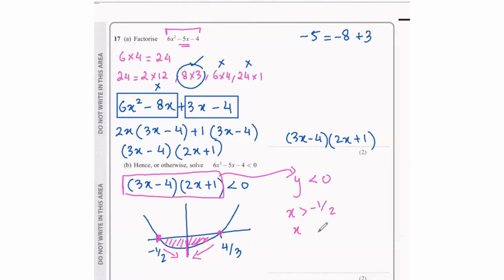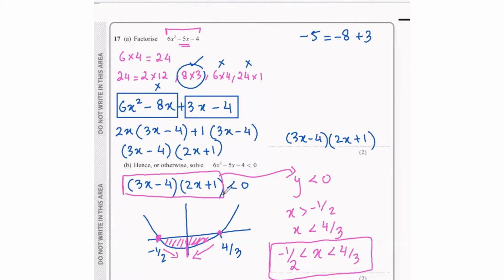And at 4/3, they are decreasing. Now, since both the limits are converging, that means we need to write the range of values as a combined range, which means x is less than 4/3, but it is greater than -1/2. This is your final answer.